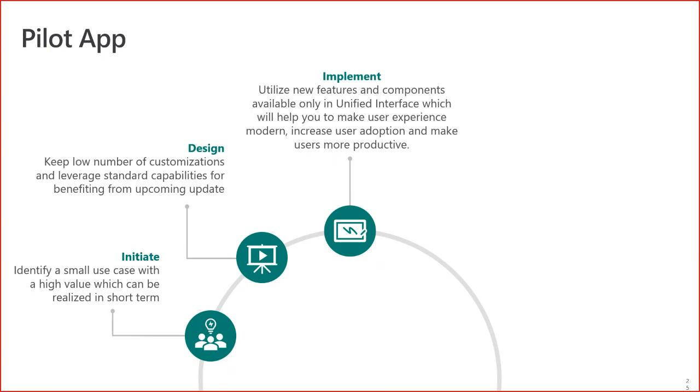Also, during the implementation, it's really important to keep in mind and review what some new features and possibilities in the unified interface are. For example, a lot of new controls are available, maybe using an embedded Canvas app or the Power Apps component framework and others, because all of these features will help you to create a really modern and nicely looking user interface.